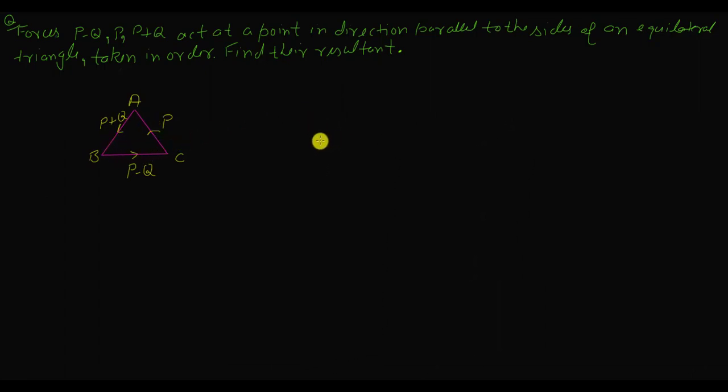This side is parallel to BC, and along CA I draw this side, parallel to this one, and along this side I take it like this.